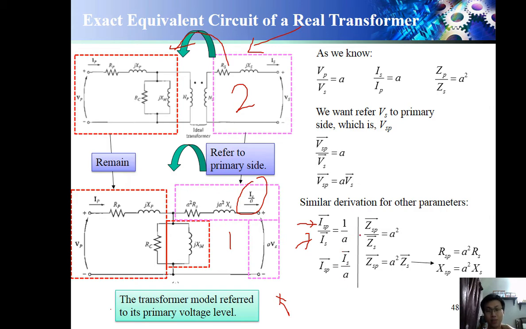Then ZSP as well. ZS will be maintained, times A square. Then my ZSP is A square times ZS.